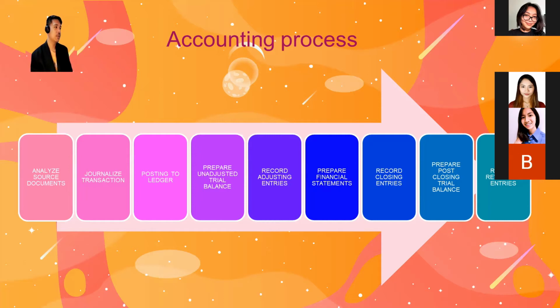If, for example, you're engaged in private practice like myself, especially in a huge company, usually it's bits and pieces of the process. But in a small medium enterprise, more often than not, you'll be responsible for the whole accounting process.